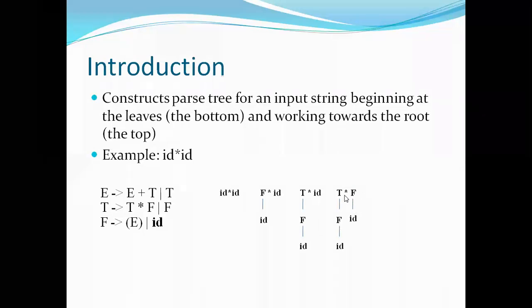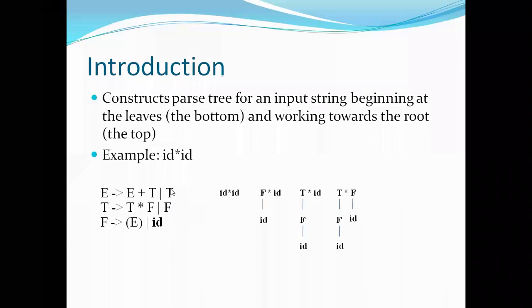Is there any production with T star F on the right-hand side? Yes, we have the production T star F. Here T is a non-terminal. Does T have a right-hand side production?